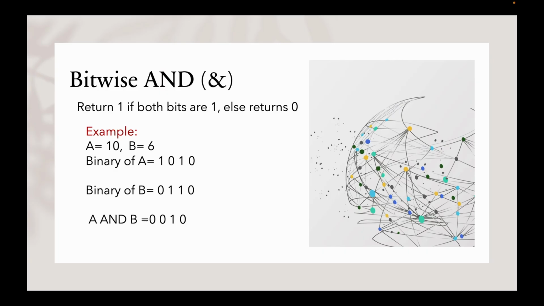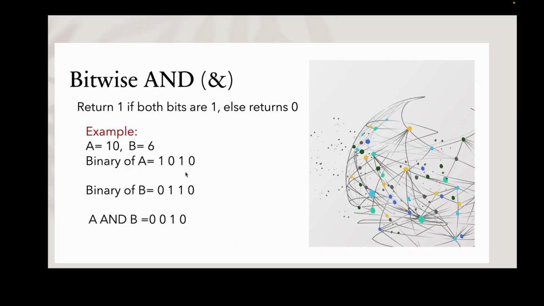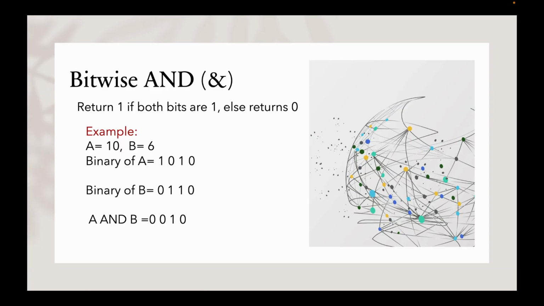We then perform A AND B and the result is 0010. So the last one is 0 and 0 equals 0, and if both bits are 1 then it is 1, else it is 0. And the decimal representation of 0010 is 2.